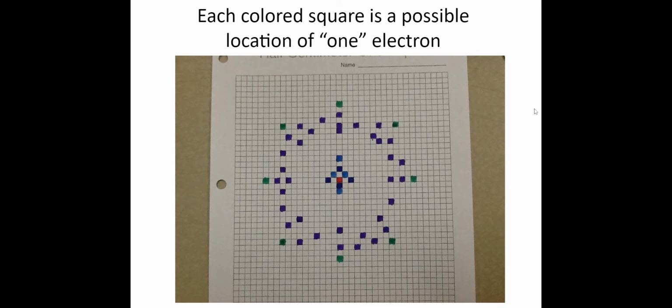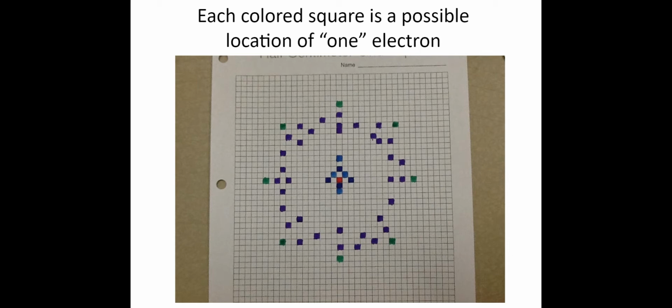All right, as I was starting to explain, when you look at this photograph of a student's graph paper, the center square represents the nucleus of 1 atom. Each colored in square represents the possible location of 1 electron at a given instant in time.